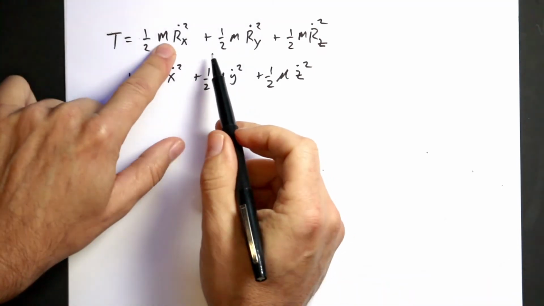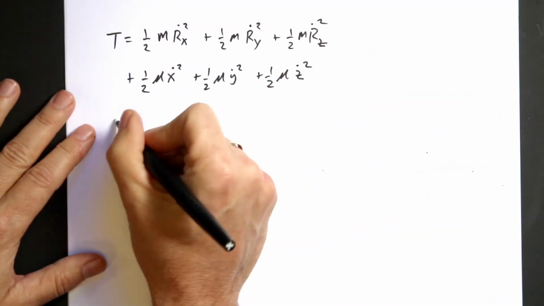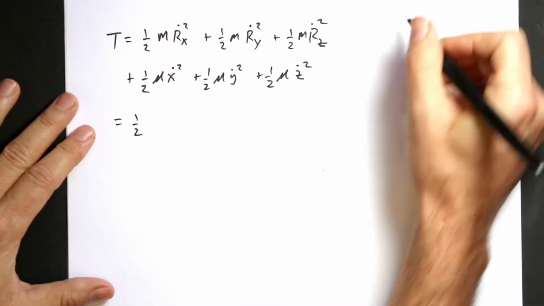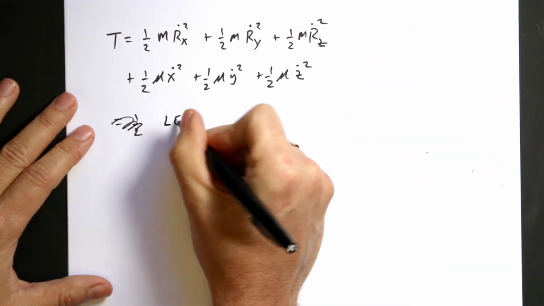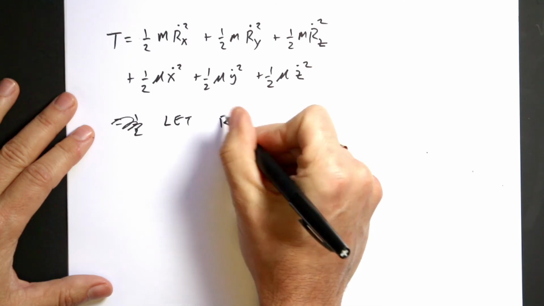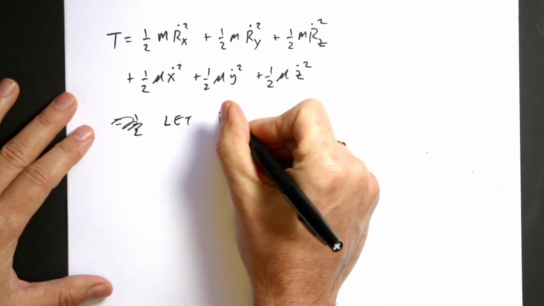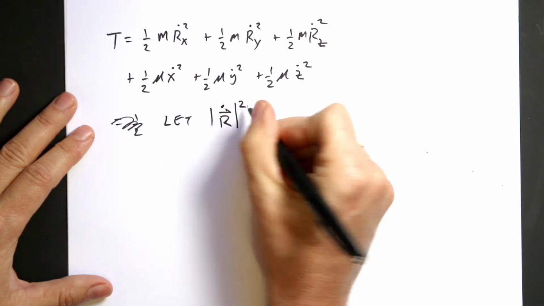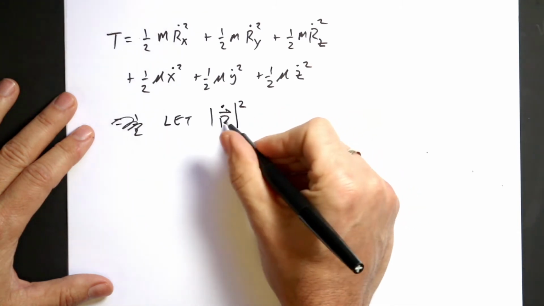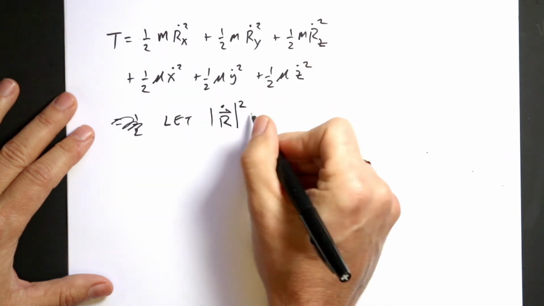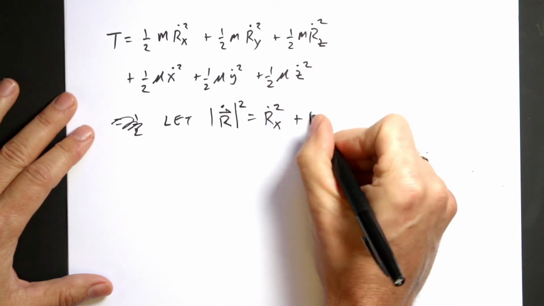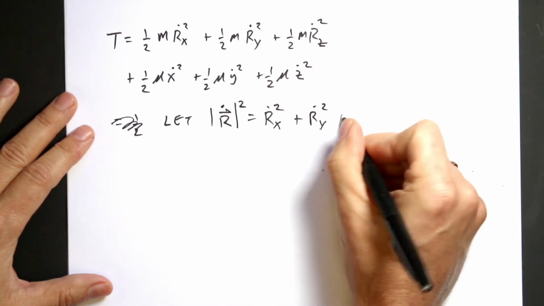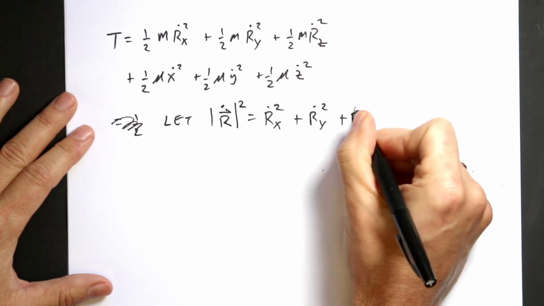Now I can factor this out and I get 1/2. Let's call that, this is notation here, let R dot squared, that's the magnitude of the total vector, be equal to R_x dot squared plus R_y dot squared plus R_z dot squared.